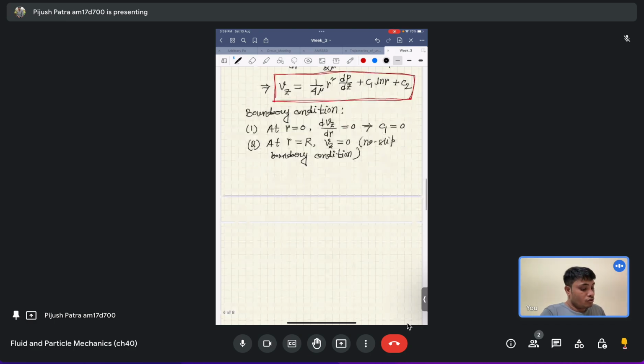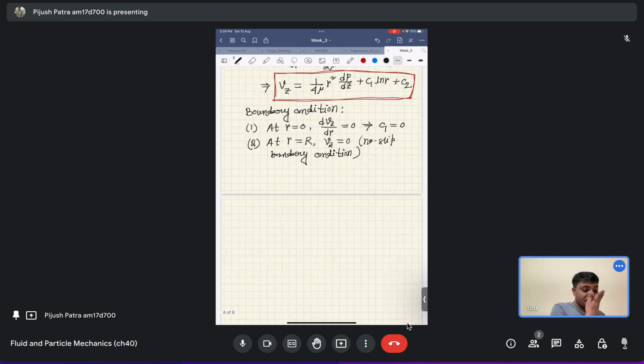Okay, so what do I get from here? c1 equals 0 from the previous boundary condition. That means c2 is equal to 1/(4 mu) capital R² into minus dp/dz. This is the value of c2.